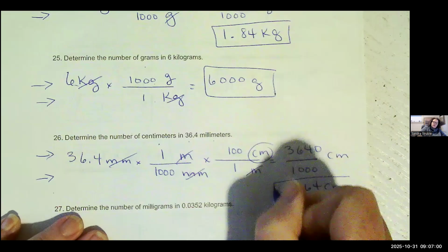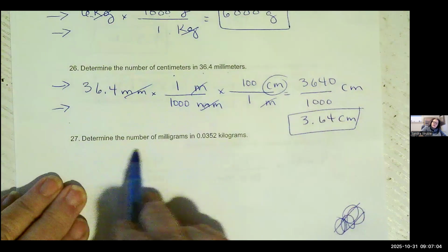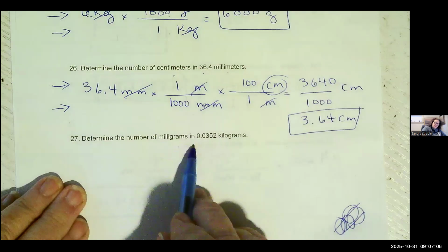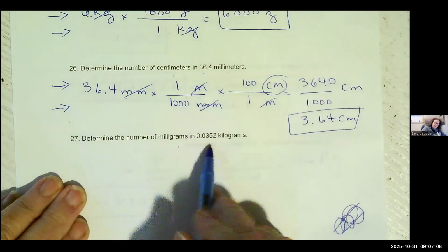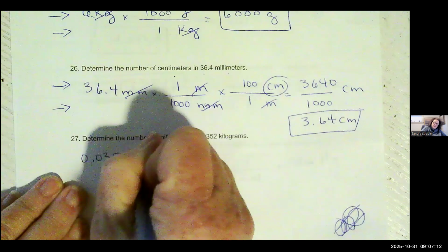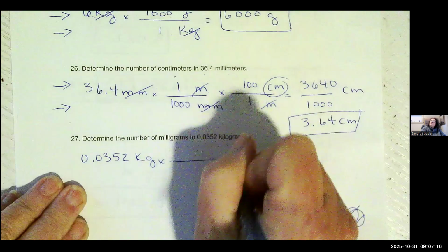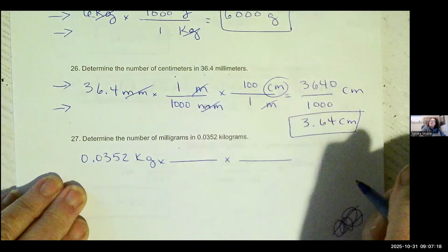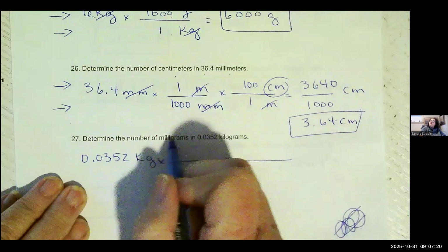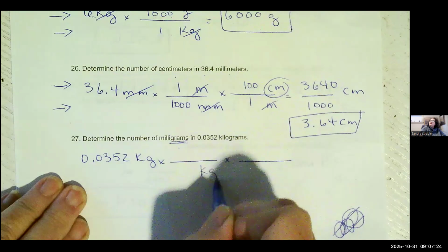All right, next one. Determine the number of milligrams in 0.0352 kilograms. We're not going directly to grams, so I'm going to have to do 2 conversions here. And grams, because it's our base unit, is going to be who we go through. So I'm going to go from kilograms to grams, and then from grams to milligrams.